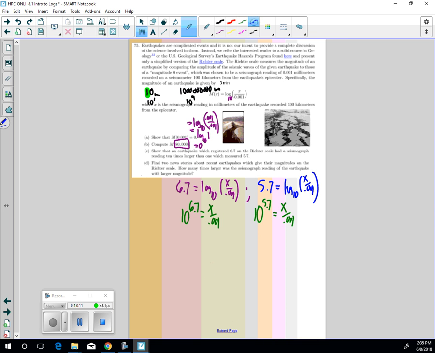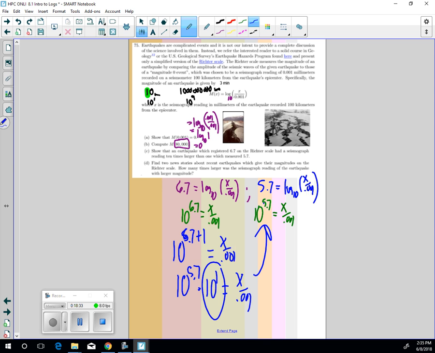All that you have to do is say 6.7 is 5.7 plus 1, right? And 5.7 is 10 to the 5.7 times 10 to the first, x over 0.001. So can you see why this is 10 times bigger than this one?